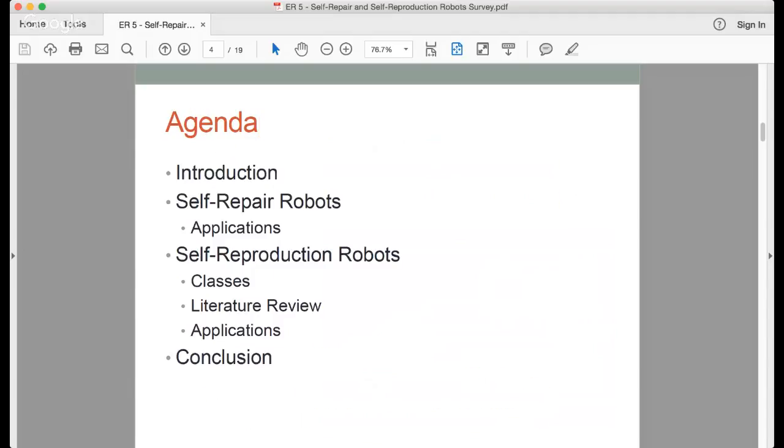So today, we're going to cover these topics. Introduction, self-repair robots and their applications, self-reproduction robots, their classes, some literature review, and their applications before concluding.